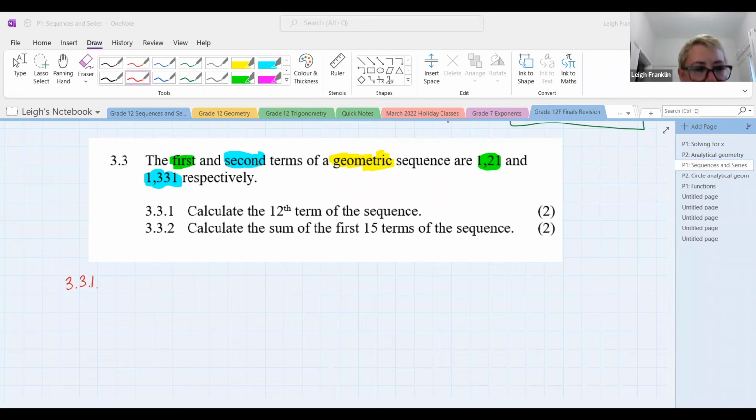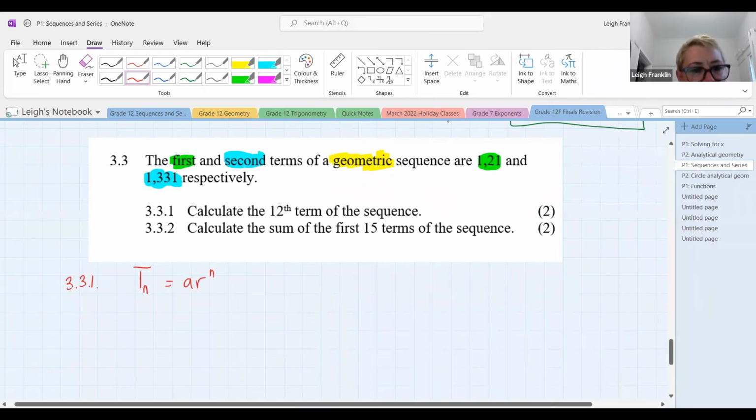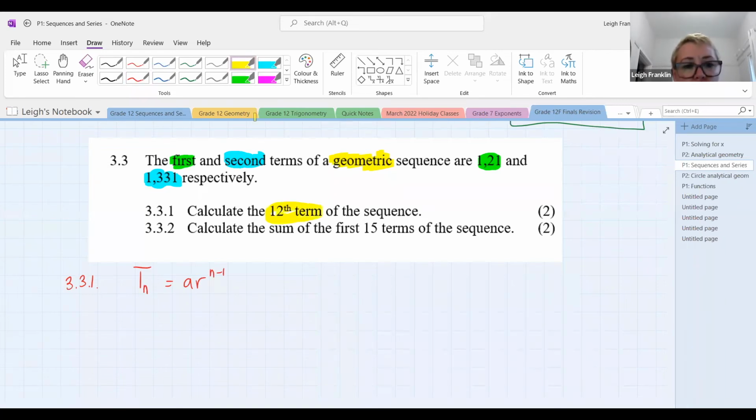So if you recall, TN equals A R to the N minus 1. So if they have told us that they want us to calculate the 12th term of the sequence, they are telling us that N is equal to 12. So we know we're calculating term 12.